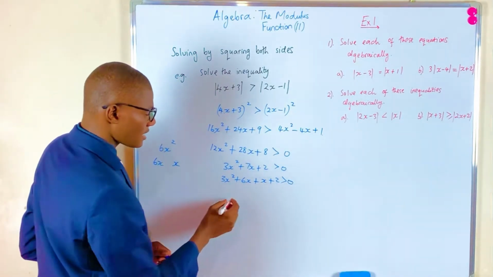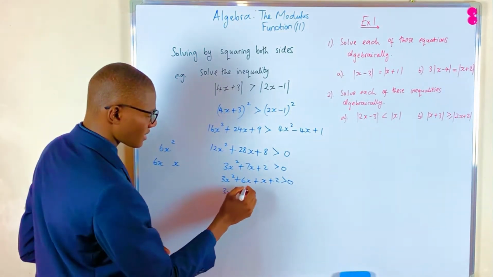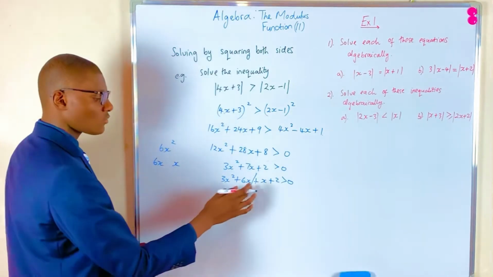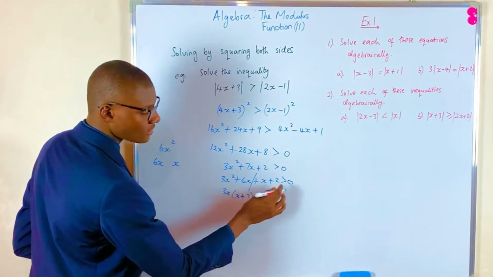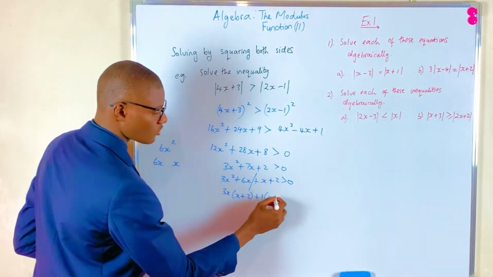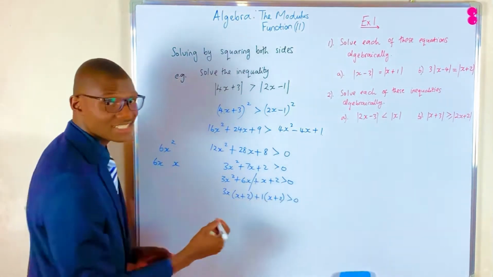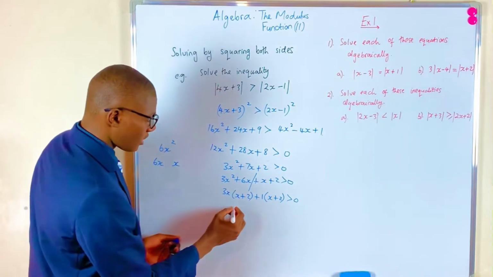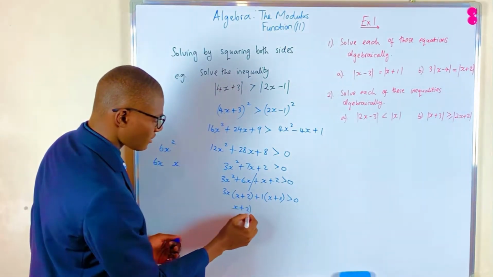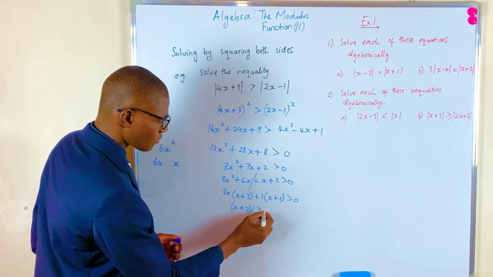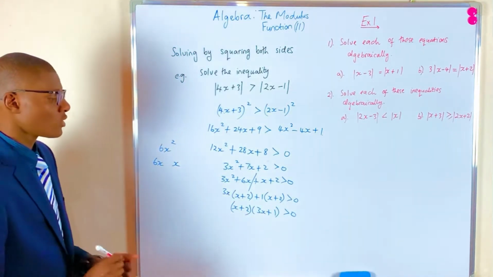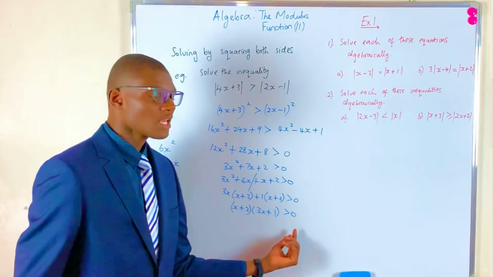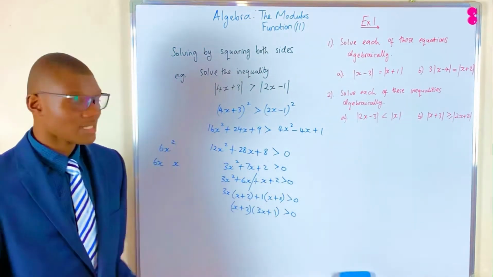Factoring out 3x, we've got x plus 2, and then factoring out a 1 here, we've got x plus 2 as well, being greater than 0. So factoring out x plus 2, we get (x plus 2)(3x plus 1) being greater than 0, like this. So now we want the region for which y is greater than 0.